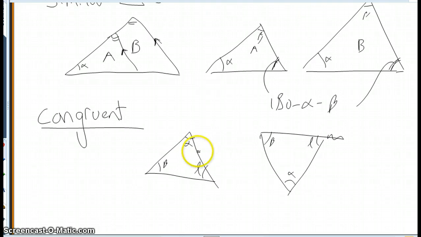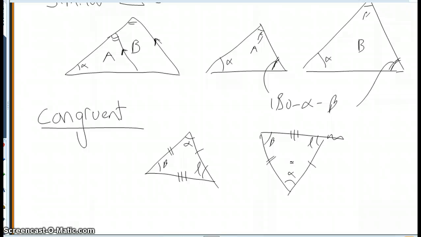And all the sides: that side is equal to that side, this side is equal to this side, and this side is equal to this side. So identical triangles, but either could have been reflected or rotated, but the size of the triangles is identical.